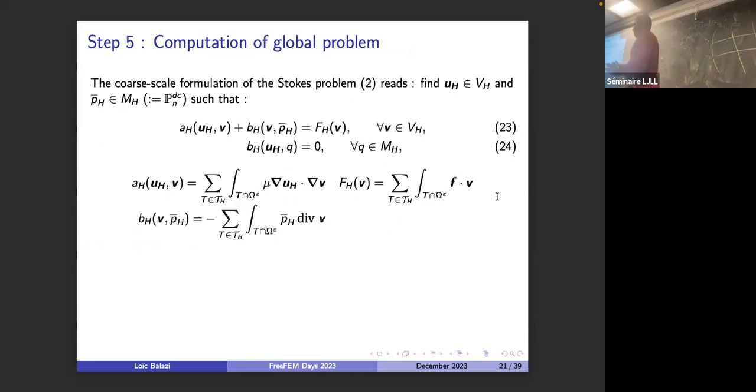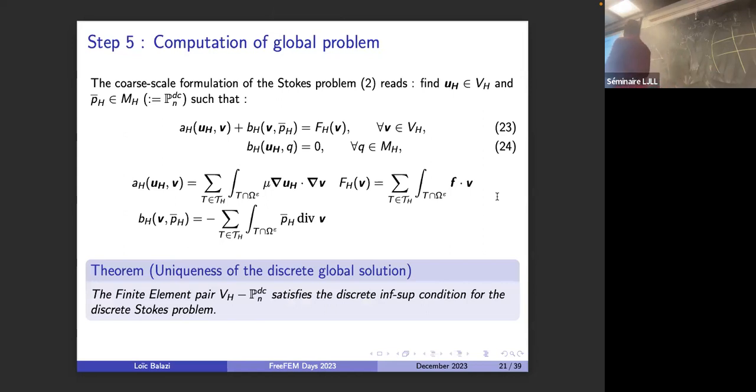And then after having the local basis functions, we can assemble the problem on the coarse mesh using a classical variational formulation of the Stokes problem. And we can solve this with a direct solver because it's a coarse problem with only a few elements.